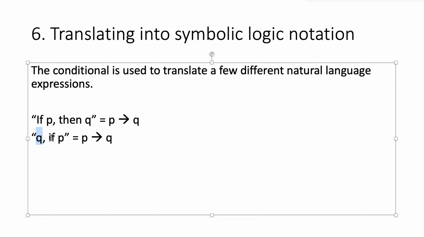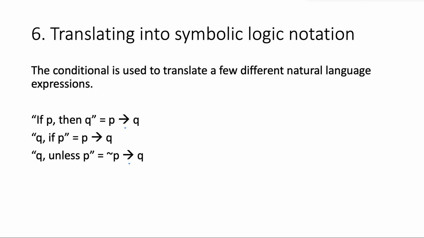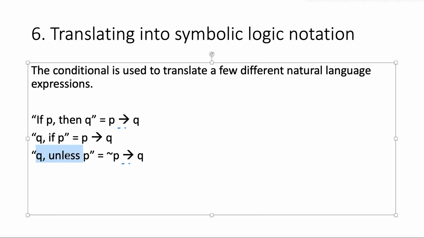Okay, Q if P is exactly the same sentence as if P, then Q. And then we have one more, Q unless P, that translates into if not P, then Q. And so it's just important to have these three different varieties in your mind, and you feel confident translating each side to the other.